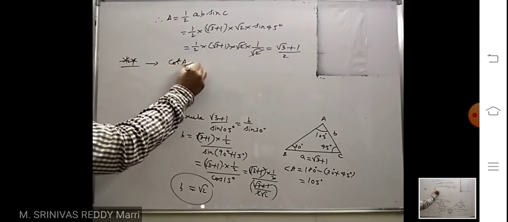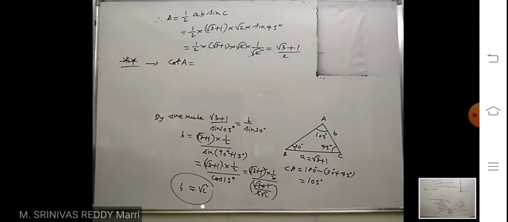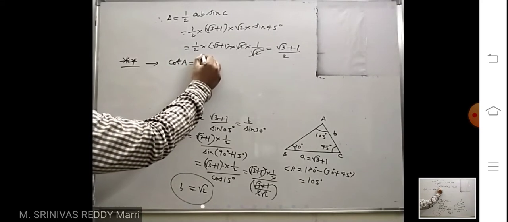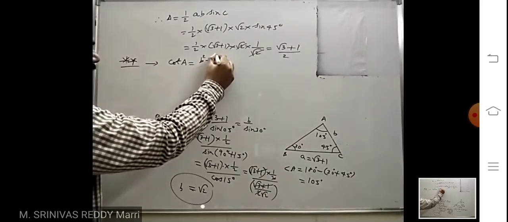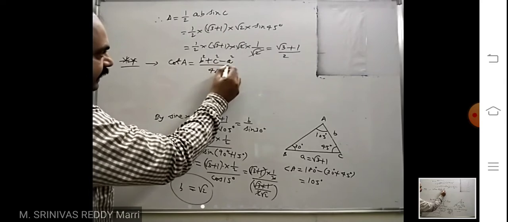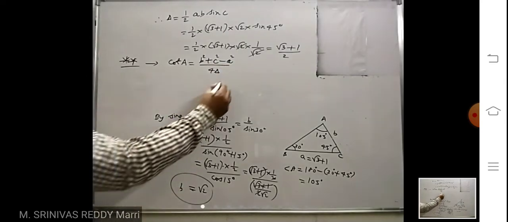Whenever cot A is there, you write this formula: cot A is nothing but b square plus c square minus a square divided by 4 delta. Delta is the area of the triangle.